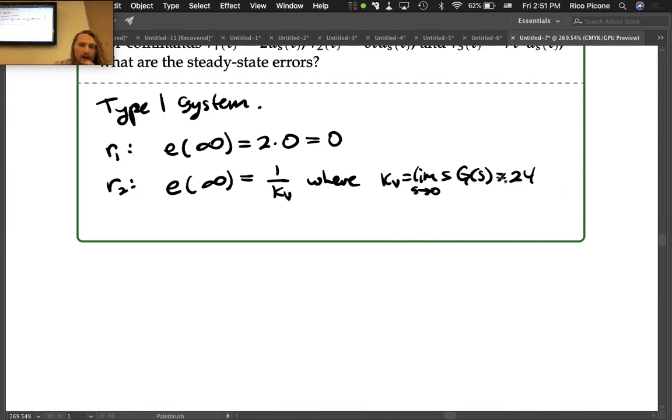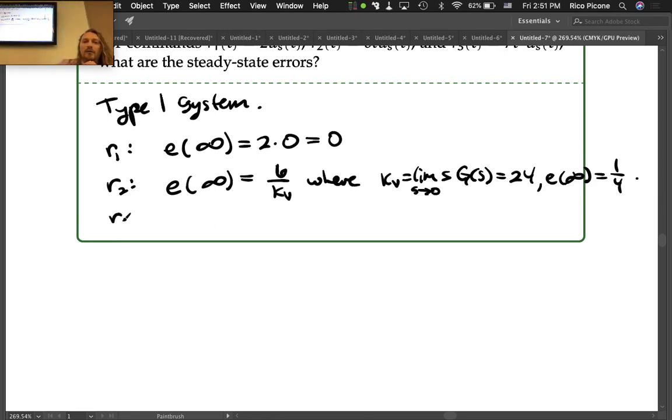So then e of infinity equals 1 over, or not 1 over 24. Oh, we screwed up, right? We have a scale of 6, right? So we had 6 over kv as our steady state error. So 6 over 24 or 1 over 4. That seems more reasonable.